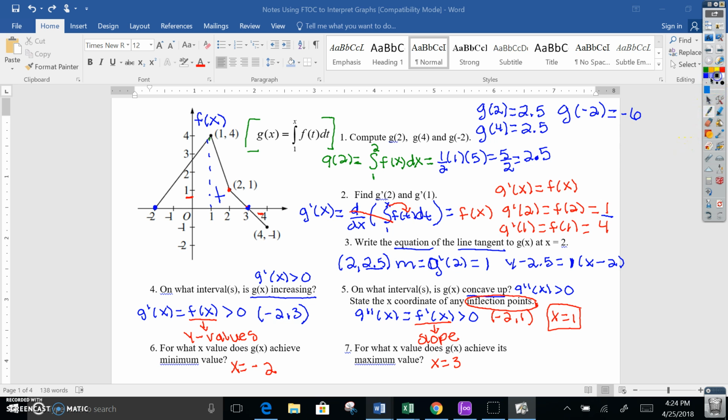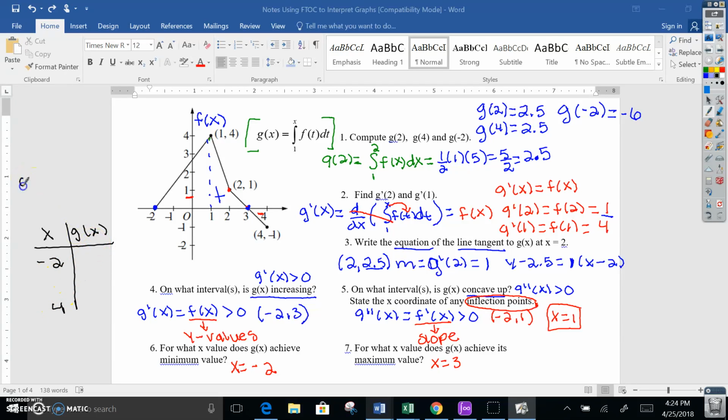Another way to think of this is using the method that we use for finding extrema when the interval was closed. If you remember, what we did back then is we made a table of values, and we said that we would consider any endpoint, so -2 and +4, and then any critical point in between.